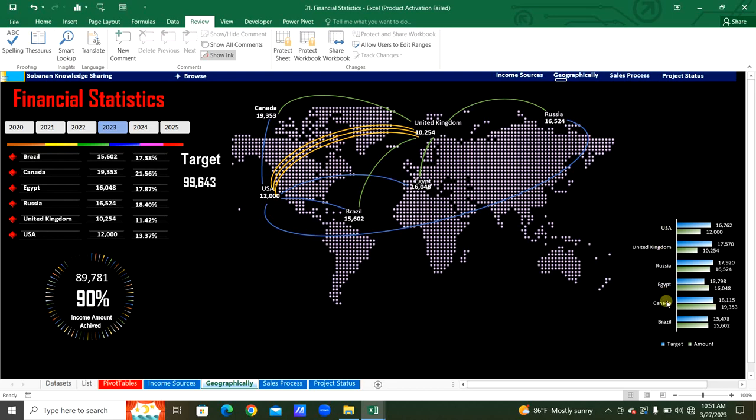In this bar chart we can see the target amount and actual amount, the comparison throughout the countries. By filtering the years we can see it year wise. Okay, this is the target. Here USA is the cup and the UK is the warehouse. So each country is connected with USA and UK.